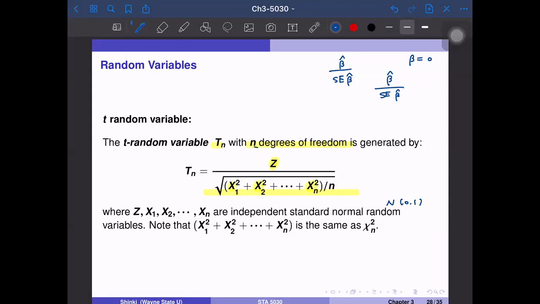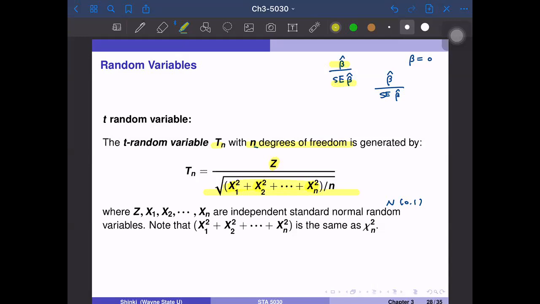So often the beta hat is normally distributed, and the standard error is the square root of the variance, and the variance is a sum of squared quantities. So often this shape, the chi-square random variable, is useful to represent variance. The T distribution and T random variable are defined based on this idea.